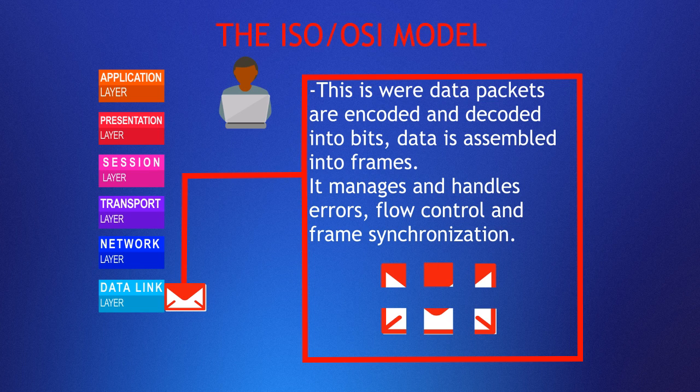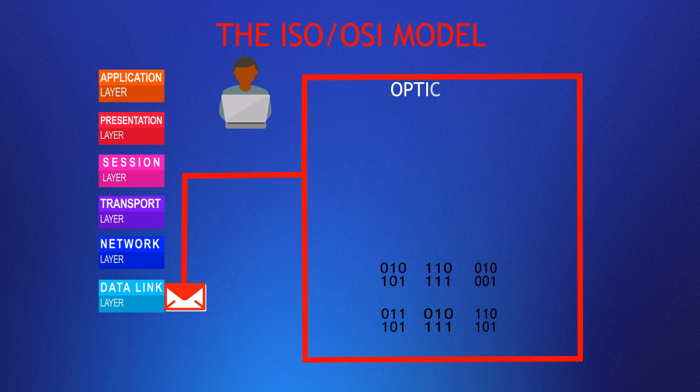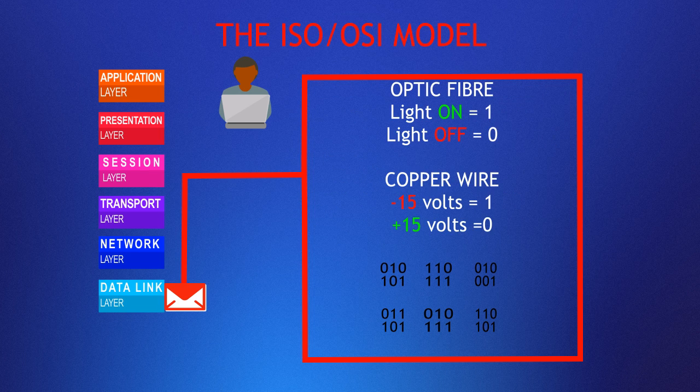The packet will have to be formatted in a way which will be understood by the transmission medium. For example, on the optic fiber network, the data has to be formatted in such a way which will be understood by the optic fiber, which is our transmission media. If we are using the copper wire, the data will have to be formatted in such a way which will be understood by the copper wire.